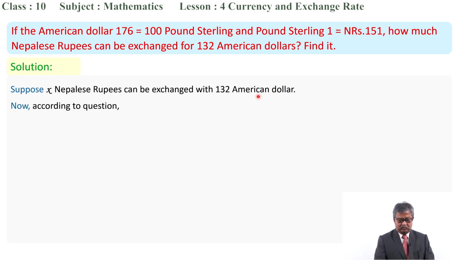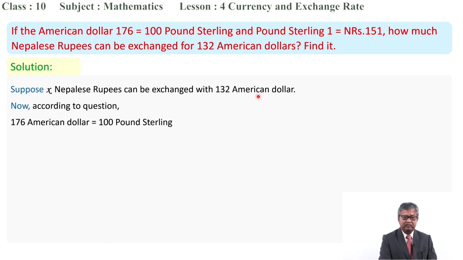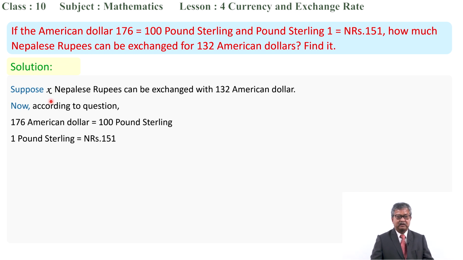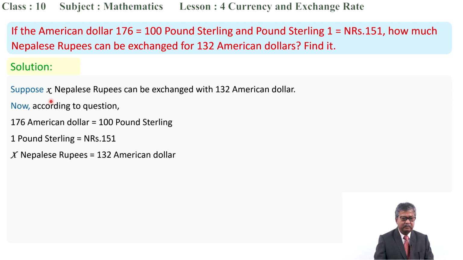According to the question, 176 dollars is equal to 100 pounds sterling, and 1 pound sterling is equal to 151 Nepalese rupees. Then 132 American dollars is equal to how many Nepalese currency? Let's suppose X Nepalese currency. So by the chain rule, X Nepalese rupees is equal to 132 American dollars.